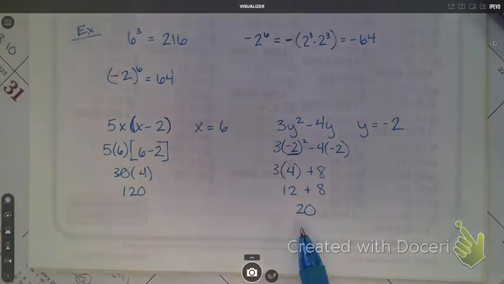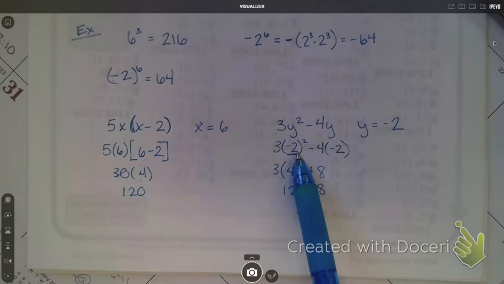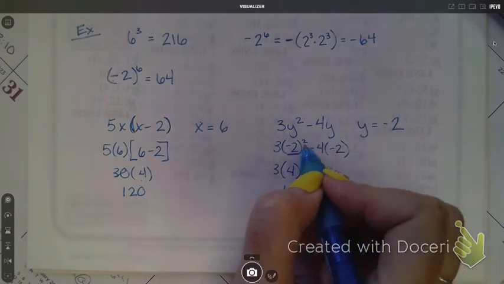Question, Noah? Between the 3 and y, do we have a cross for the multiplication? No, cross multiplication is when we have an equal sign. Exponents, we have to perform the exponents first.